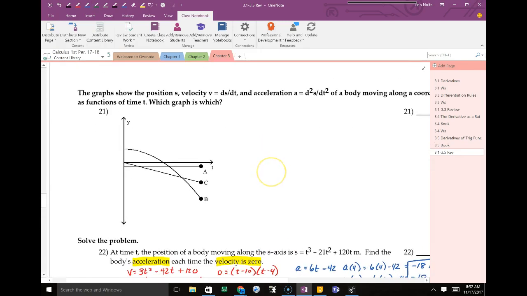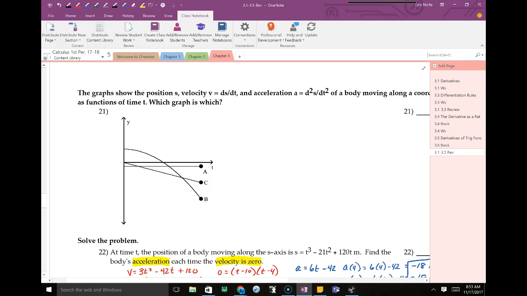Okay, so to talk about 21, they're basically giving you 3 graphs. You have your position, then you have your velocity, which is the derivative of the position, and then the acceleration, which is the derivative of that. So remember that when you're working with a graph, you're analyzing the slope of each of them. When I look at 3 different graphs, I think about analyzing the slope, so I want to find a maximum or a minimum of some line.